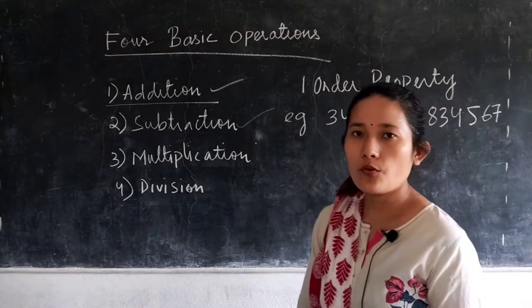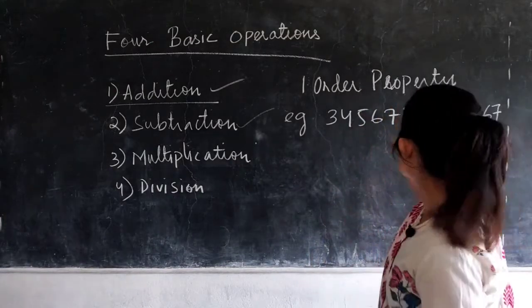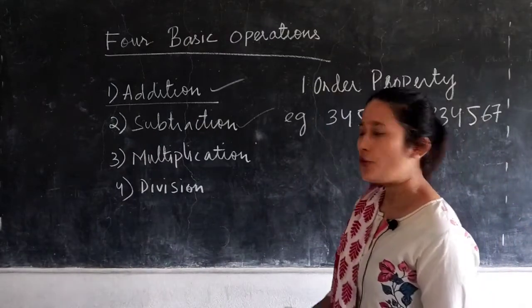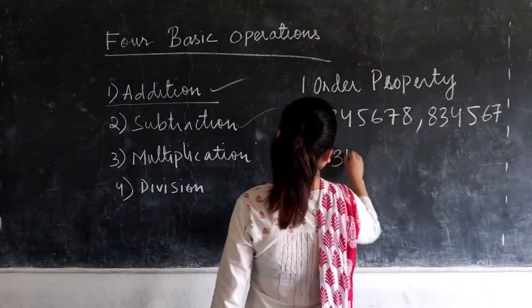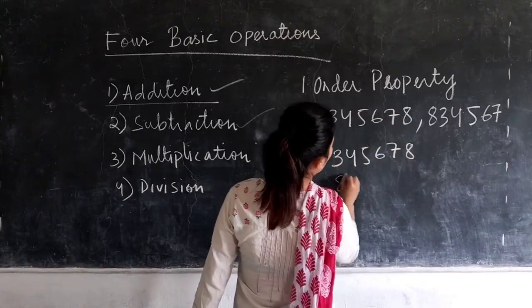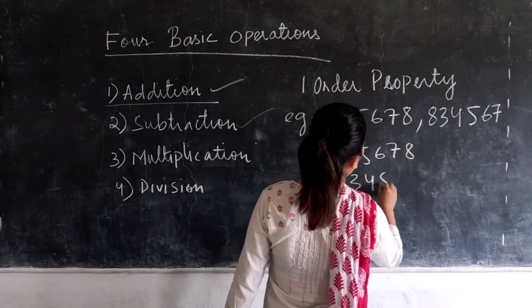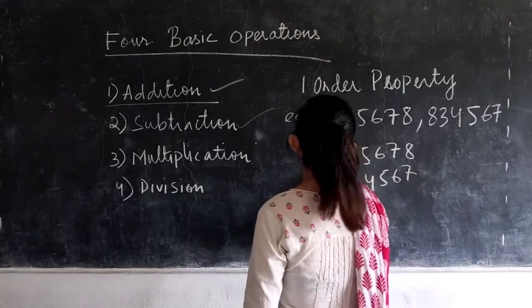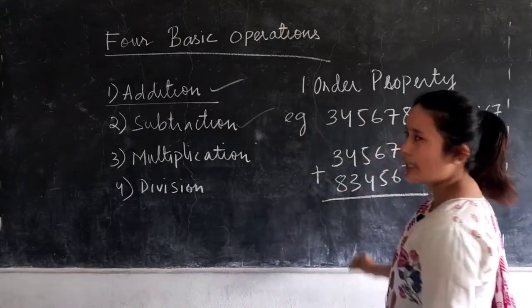Okay, now regardless of its order, you can first write 3, 4, 5, 6, 7, 8, and secondly you can write 3, 4, 5, 6, 7 and add. You will get the same answer.